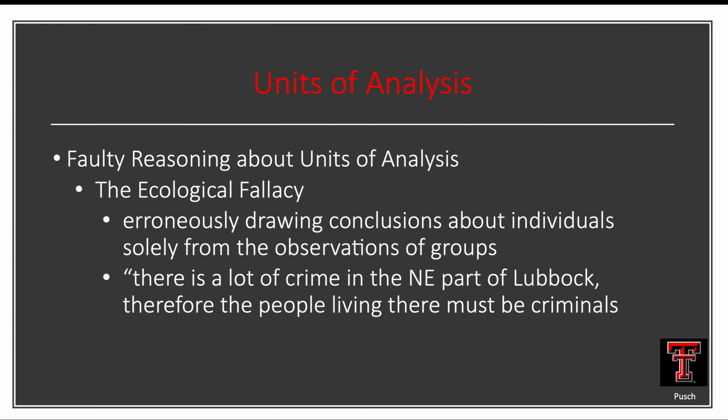Again, we're making an erroneous assumption about the people living in a specific area that has a higher crime rate. Doesn't mean that everybody that lives in that northeast part of Lubbock is a criminal. These criminals might be coming from different areas as well. So again, when you're applying things that you're learning about a group or an area to the individuals that live there or belong to that group, that is committing an ecological fallacy. I hope that I explained that well.